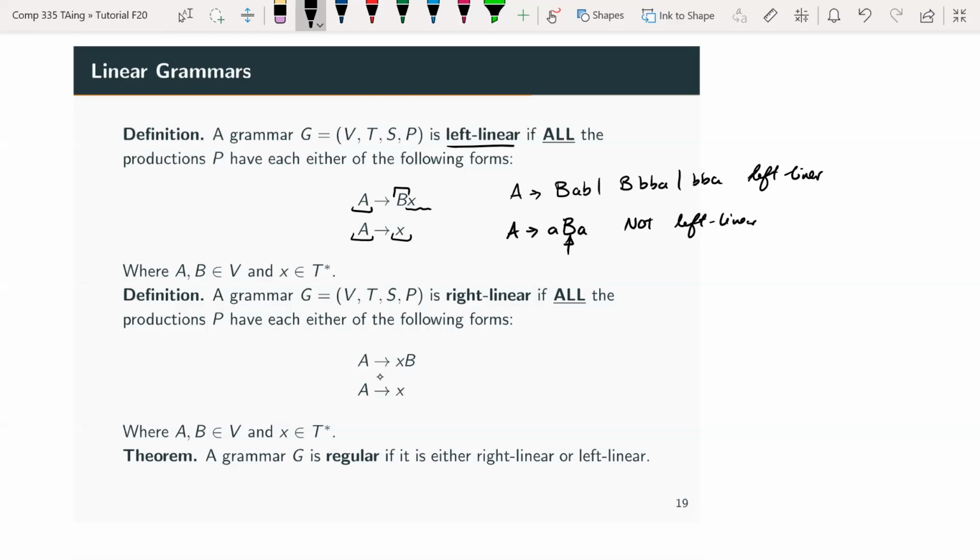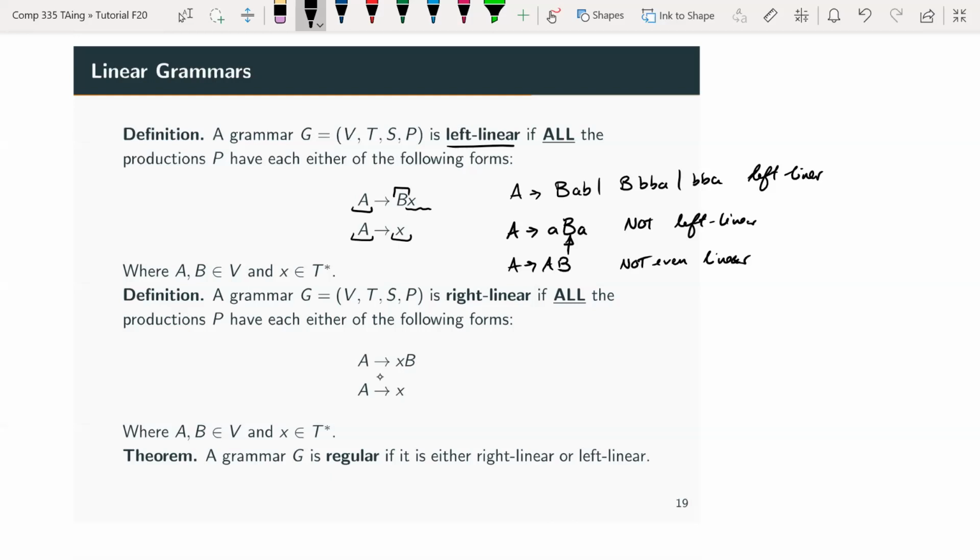And also, if you had something like A gives you AB, this is not even linear, because a linear grammar is just one where on the right-hand side you have a single variable. So in this case, this is not even linear. So of course it can't be left linear, right?